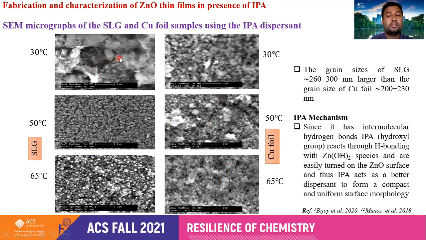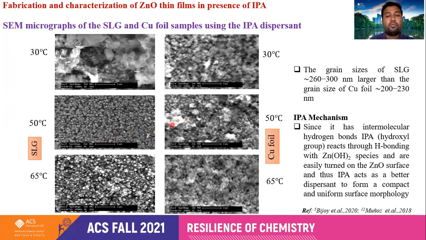At 30 degrees Celsius, we see a cotton-like shape, and it indicates the zinc oxide thin film at this temperature is not good in quality. And at 50 and 65 degrees Celsius, we see it is compact in nature with spherical grains, and it is uniformly distributed.